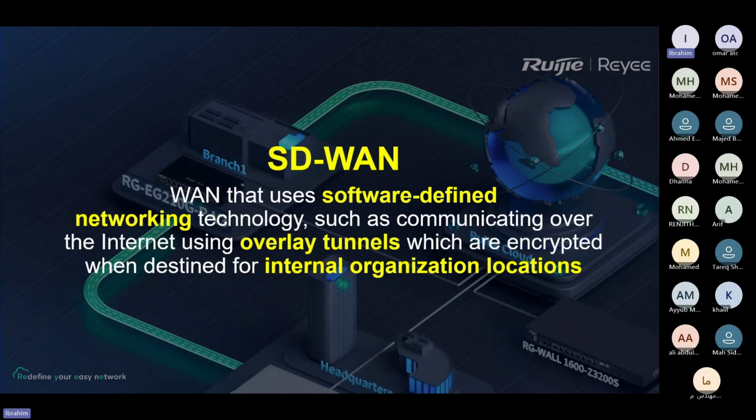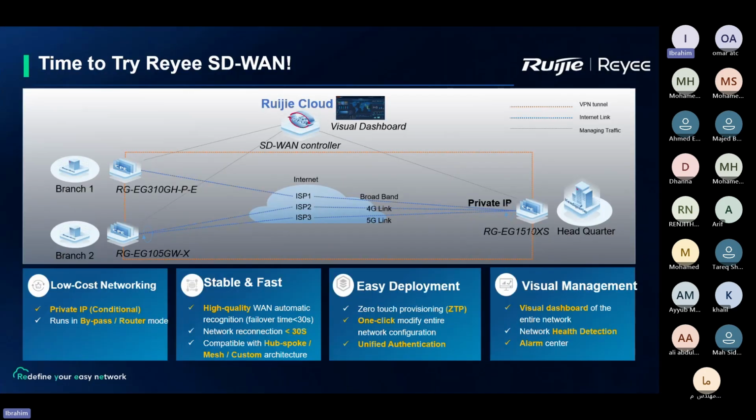So in the Reyee approach, the value is not the tunnel itself, it's the cloud management. You have cloud management, a visual dashboard, and multi-WAN intelligent ability to work in challenging conditions like private IP and unstable connections. So SD-WAN is more flexible than the traditional site-to-site VPN.